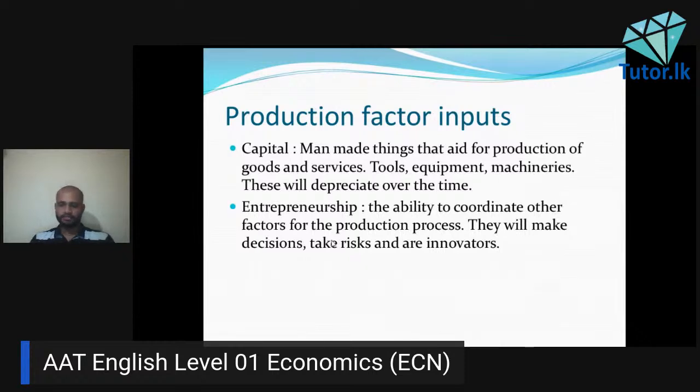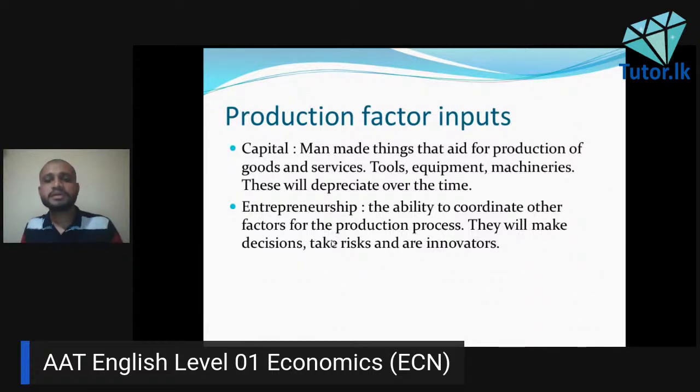Now, entrepreneurship. We have discussed three inputs. You need land, in the sense of natural inputs, the second being labor, and capital, the man-made resources. You should coordinate all these three elements for the production process.